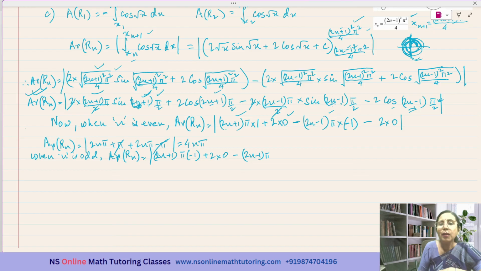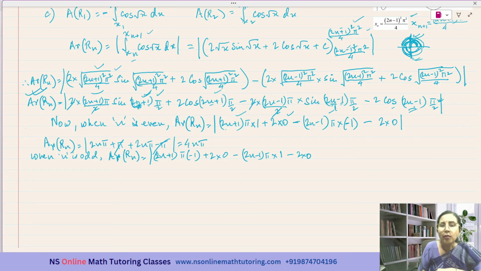And this time, since n is odd, if I take n equal to 1, 2 times 1 is 2, 2 minus 1 is 1. sin(π/2) is positive 1. You can take other n values. 2 times 3 is 6, 6 minus 1 is 5, and 5π/2 is this point. So again, sin((2n-1)π/2) is equal to positive 1. Okay.